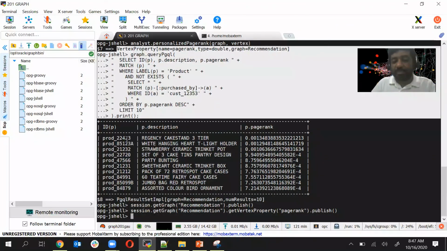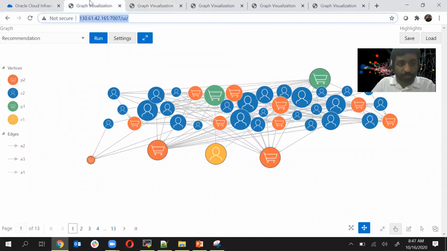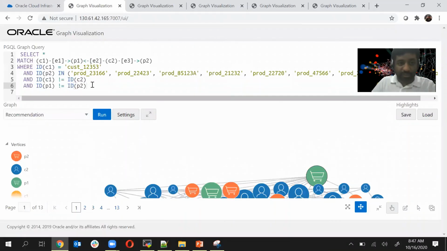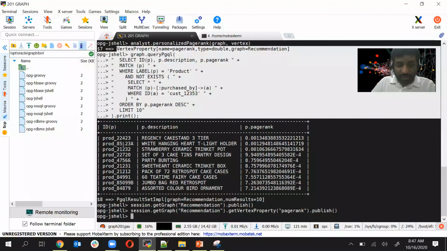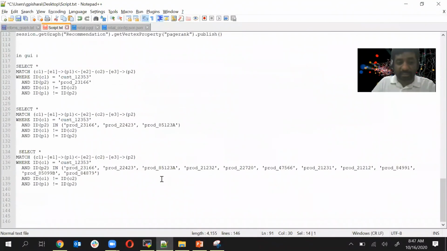Now, how can this be visualized in the graph GUI? So I can go back to my visualization. All the products that I have here, I've written a PGQL query, which was basically the result set by applying the analytics algorithm in the background. It has given me the top 10 products.